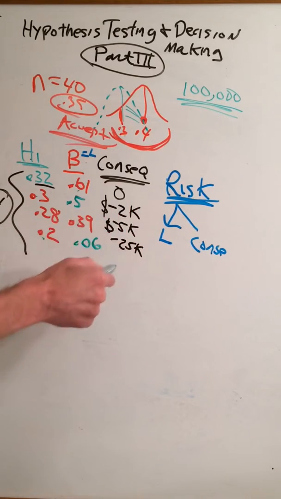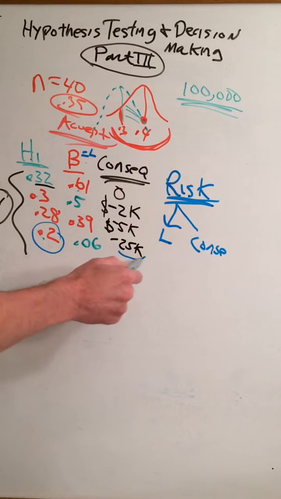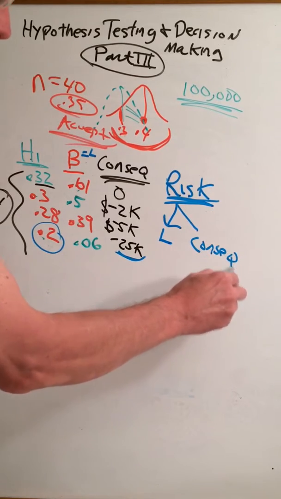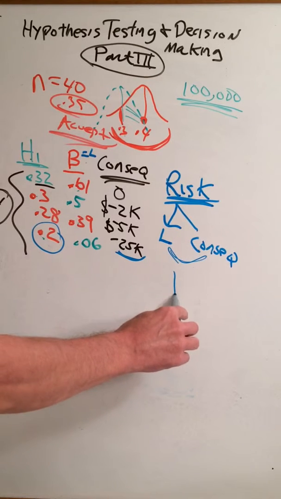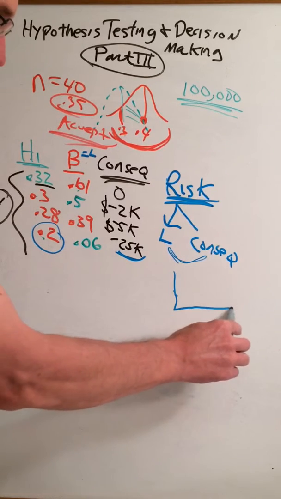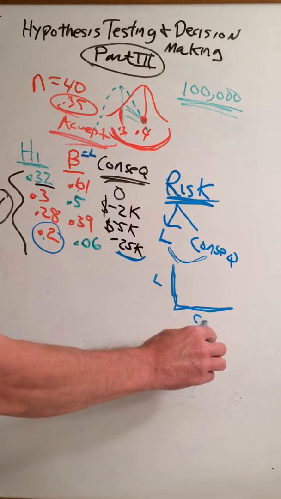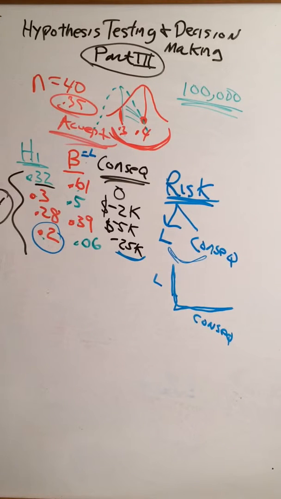You can see it depends. If it were 20% of the population, then we're going to lose $25,000 a year. Not good. When you look at risk, you have to look at these two together. There's a lot of ways to do this, but typically you can look at likelihood here and consequence here.